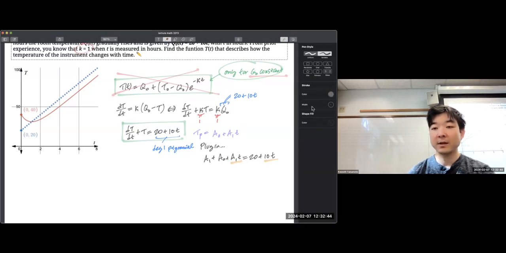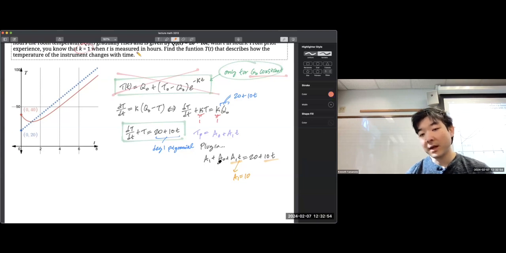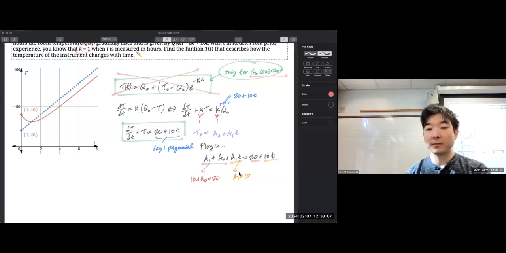So that gives us that A1 equals 10. Then you need to have these two, A1 and A naught, add up to 20. We already know that A1 is 10, so 10 plus A naught has to equal 20, which means that A naught is equal to 10 as well.